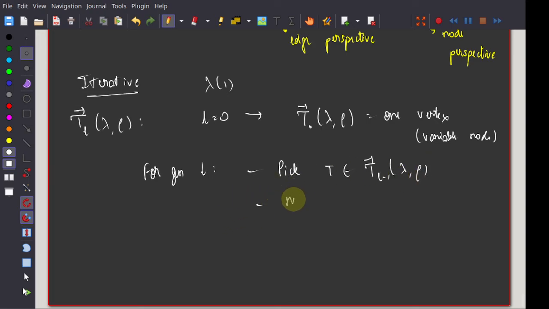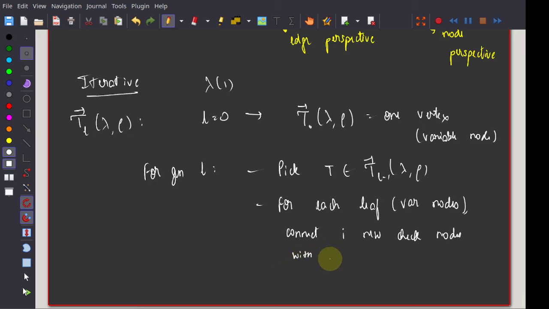Okay. And for each leaf, which are all going to be variable nodes, connect i new check nodes with probability lambda_(i+1).